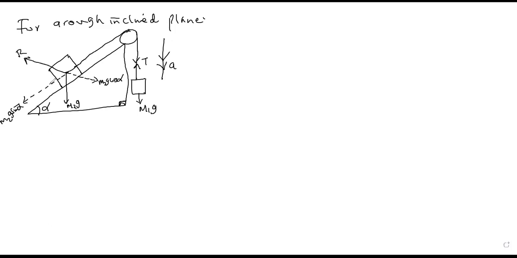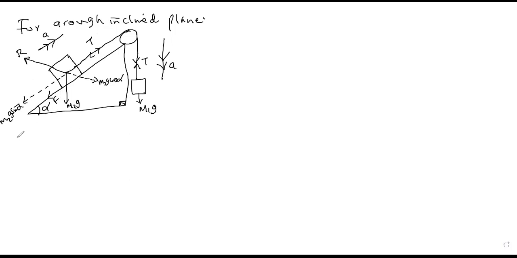But remember, the body is accelerating this way, implying that the frictional force is opposing the motion of the body and it is acting downwards. The moment you come to know this, then the rest becomes very, very easy.